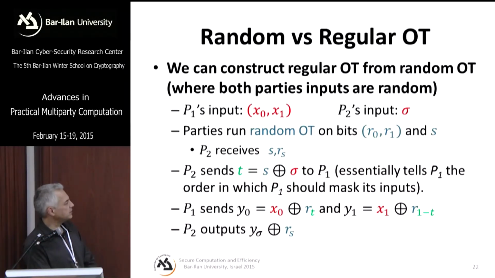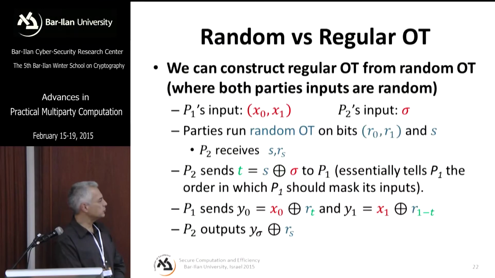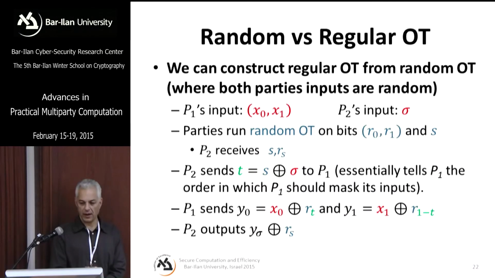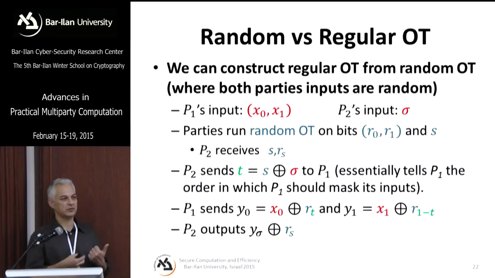If T was 0, this means that P2 learned RS, where RS is the pad, of course, and S is sigma, the index of the value that P2 wants to receive. Then what P1 sends to P2 is X0 encrypted with R0 and X1 encrypted with R1. In that case, P2 learned the pad that corresponds to the item it wants to decrypt, and it's able to decrypt it.